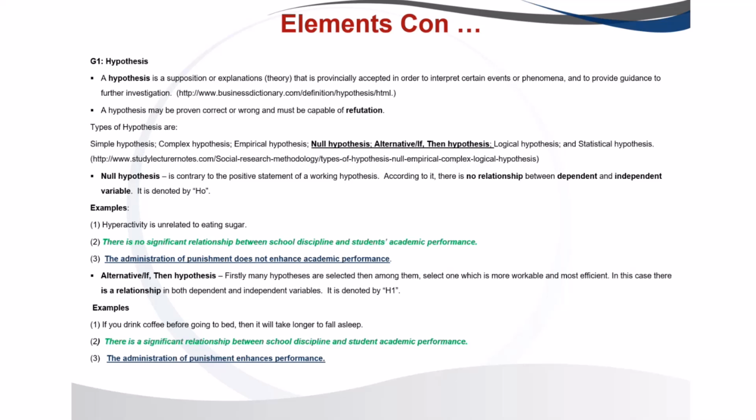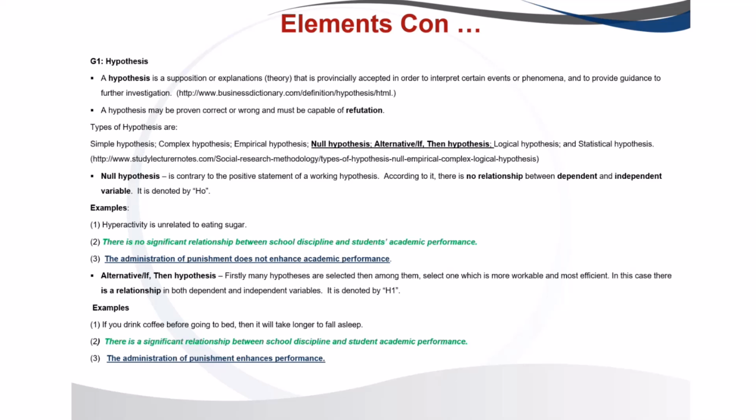And commonly, there are two which we normally use. All right, we have other simple hypotheses, complex, and so on, but we commonly use these two, the null hypothesis and the alternative, or sometimes you call it the if and then hypothesis. Those are the commonly used ones.